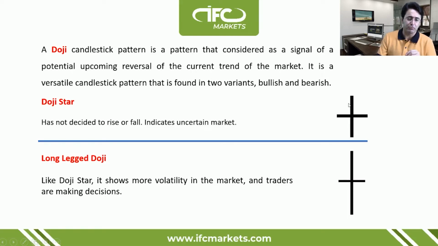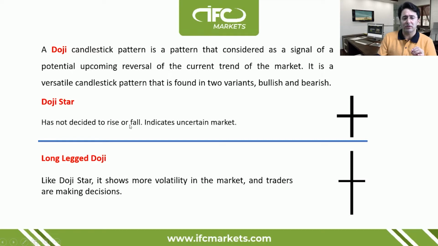It looks like a plus sign, where the upside and downside are almost the same size. So when the size is the same and small, we call it the doji star.